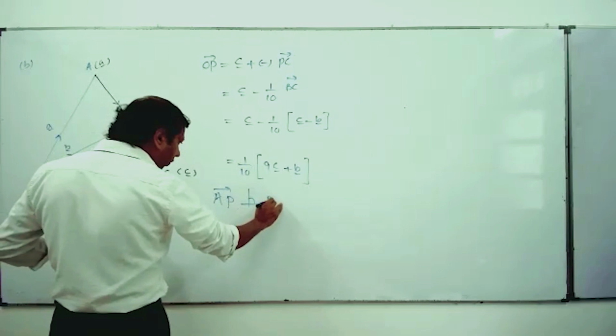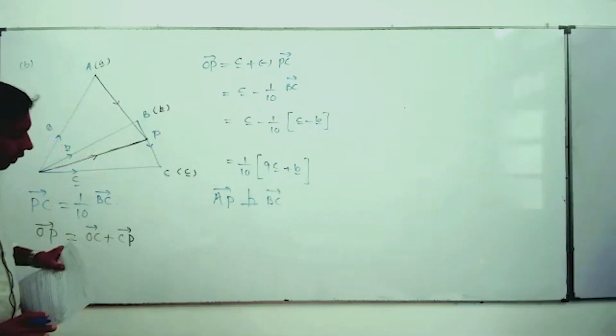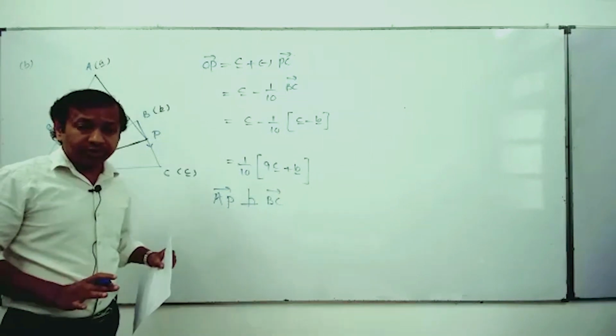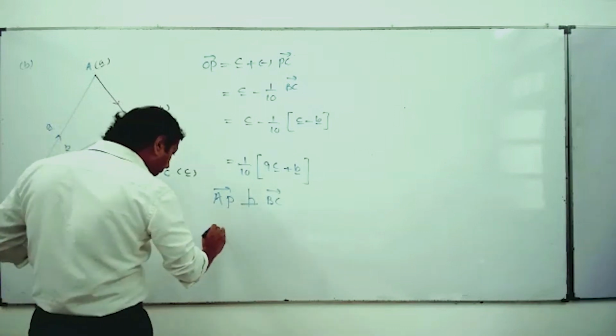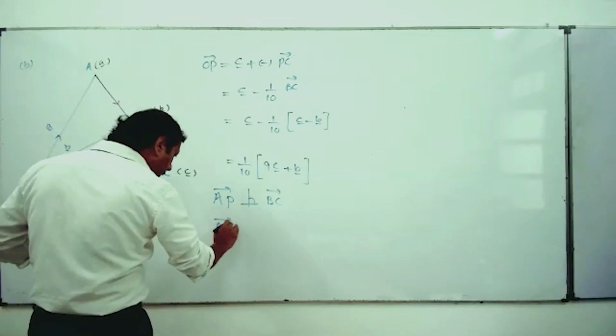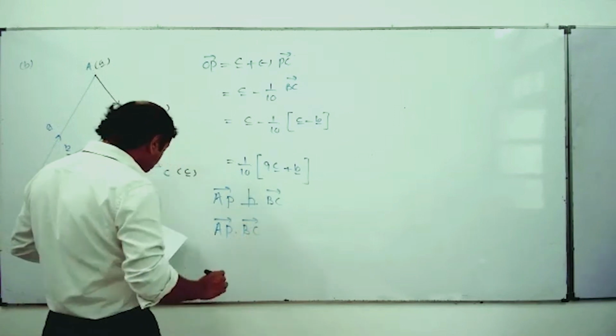When two vectors are perpendicular, the dot product of the vectors is 0. AP dot BC should be 0.